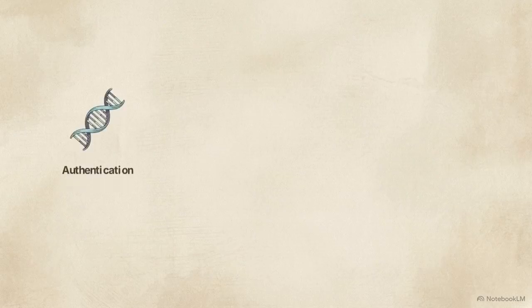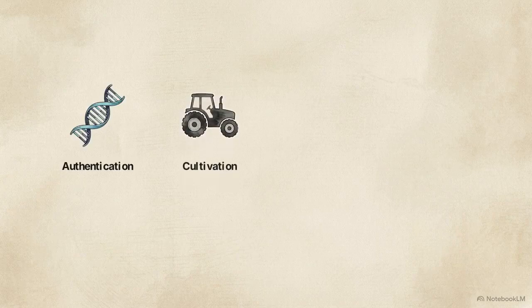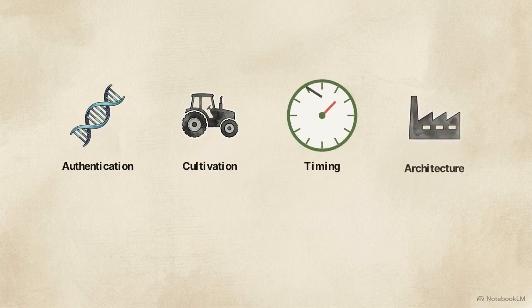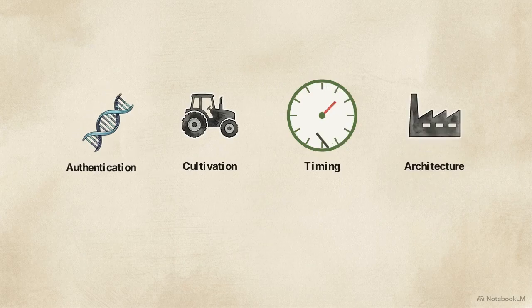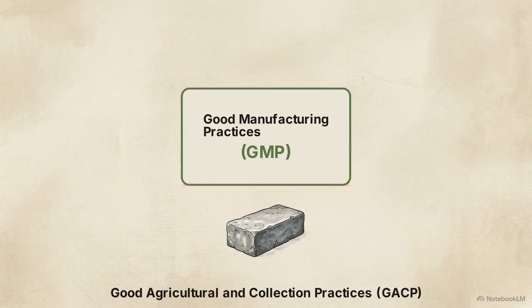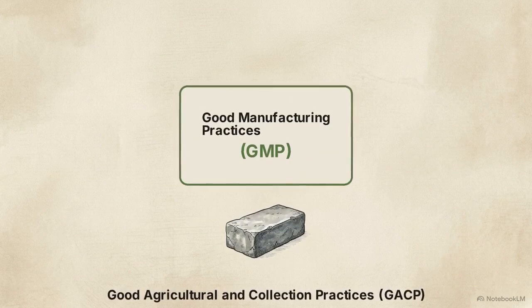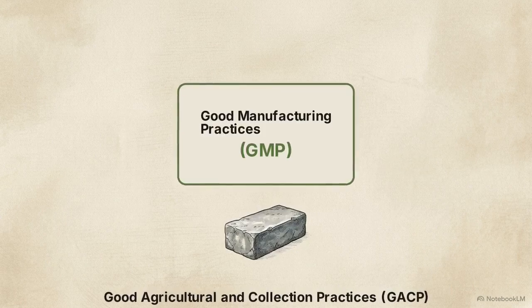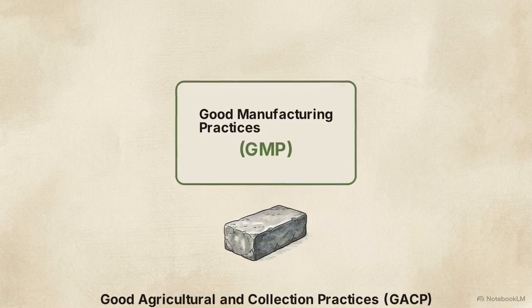Botanical authentication, cultivation and collection protocols, precision harvest timing, engineered facility architecture. These four sequential phases establish the good agricultural and collection practices framework. Only once this foundation is established can good manufacturing practices be reliably applied to the final extraction and packaging stages.